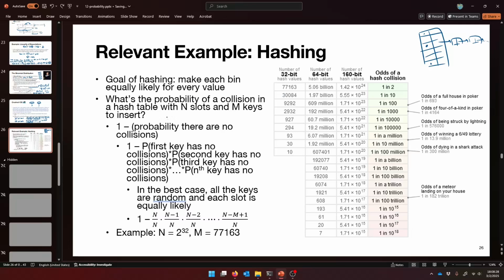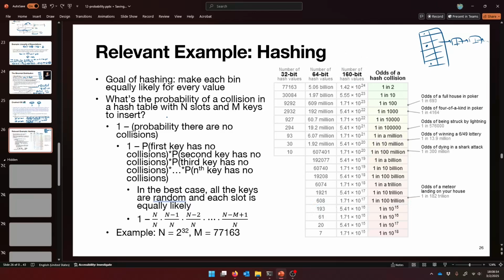It's very common that you're going to share a value even if you have a lot of wide space to fill. It's very common to collide, all right? If you add even more slots, then you can add more things until it becomes very possible to collide. So usually you want to have as many slots as possible, and you want to be inserting as few things as possible in those slots.